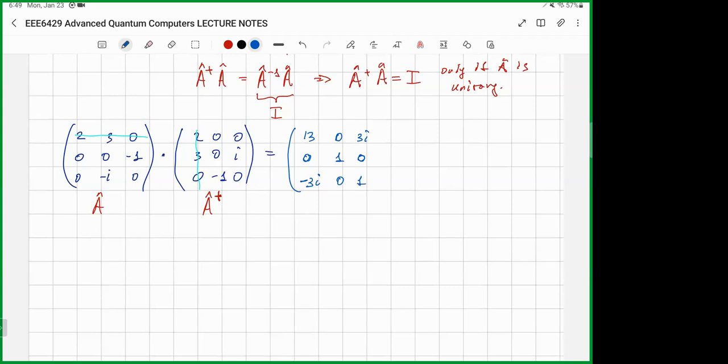So this is definitely not equal to the identity matrix, right? So the matrix A is not unitary.